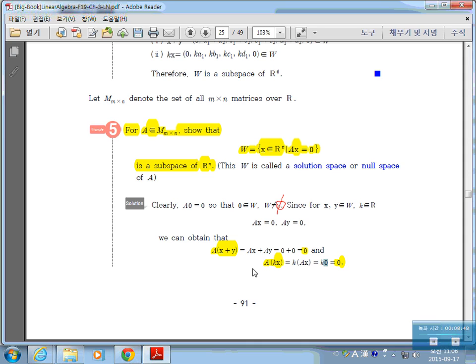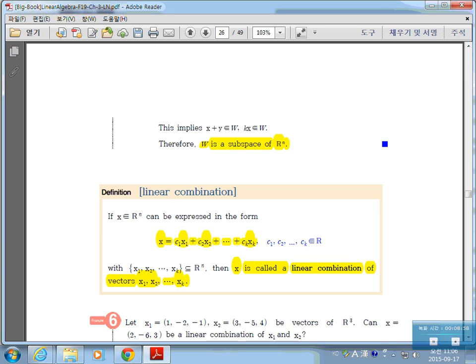That means KX is a solution of AX equals 0, so it is in W. So it satisfies these two conditions: X plus Y is in W and KX is in W. So W is closed under vector addition and scalar multiplication, so W is a subspace of Rn. It's been proved.